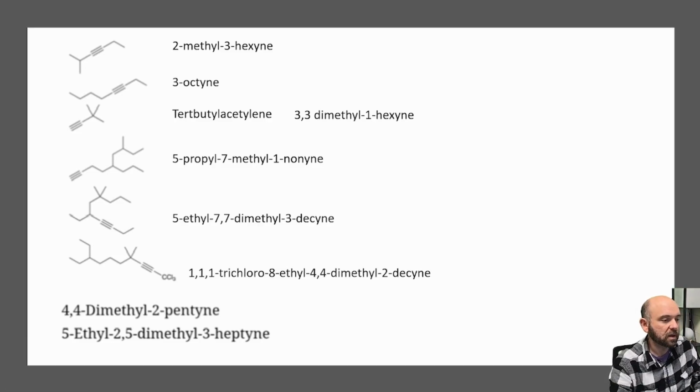So putting that all together, we come up with 1,1,1-trichloro-8-ethyl-4,4-dimethyl-2-decyne. And we put the chloros first because tri is not involved in alphabetization, and chloro comes before ethyl in alphabetical order. So we'll draw the last 2 examples down here.